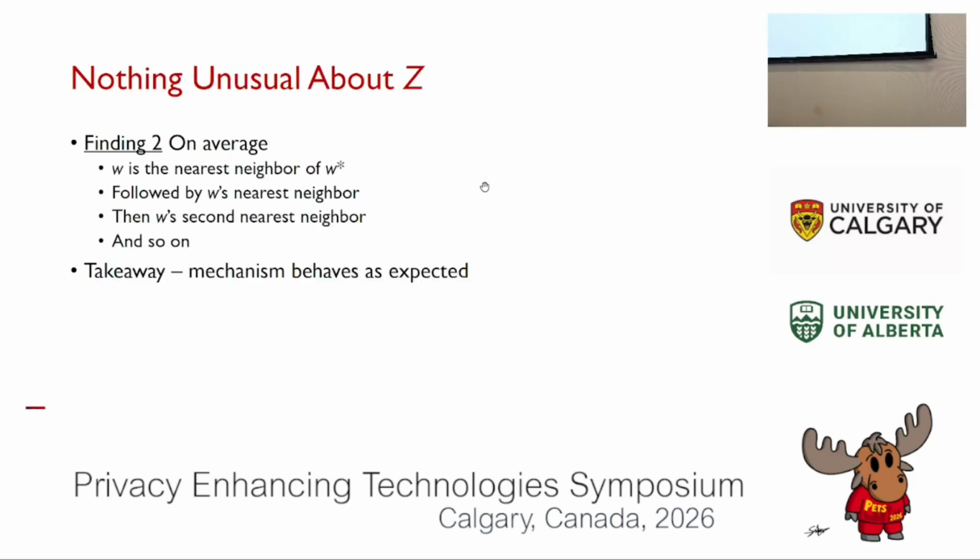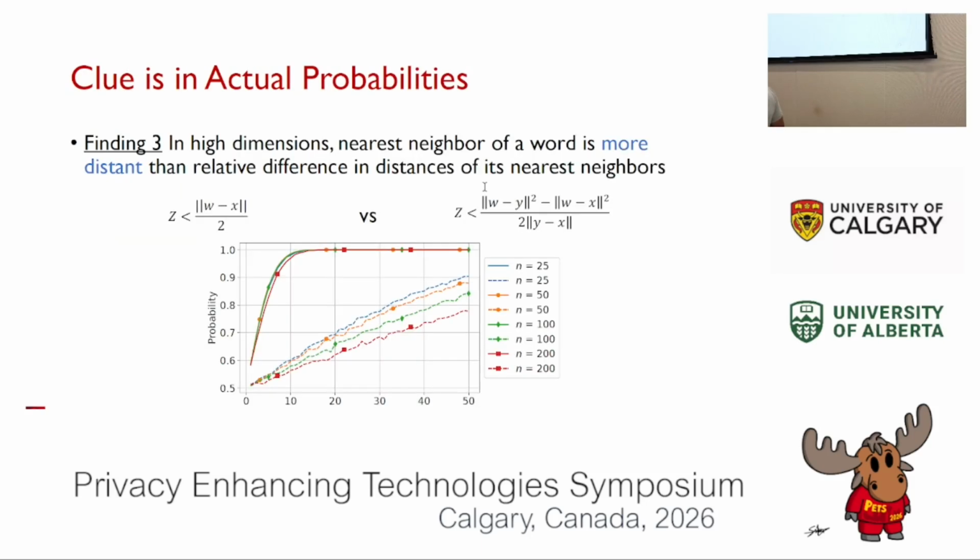So what we found was, on average, when we apply this mechanism, the original word is output most of the time, or is the nearest to the noisy embedding, followed by the next neighbor of W, followed by the second nearest neighbor, and so on. In other words, the mechanism was actually working as it should. But the difference is that in high dimensions, the nearest neighbor to a word is more distant than the relative difference in the distances of any two neighbors.